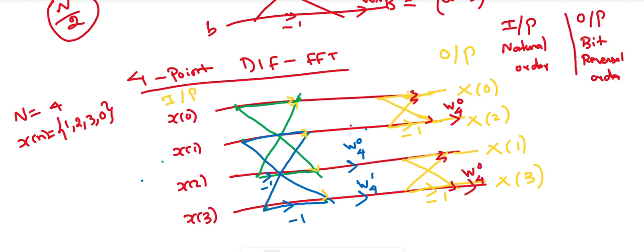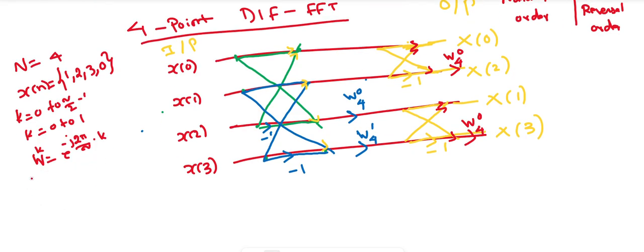So what is W_4^0 for this? N is equal to 4 means k is equal to 0 to N by 2 minus 1, so k equal to 0 to 1, since 4 by 2 is 2, minus 1 is 1. So what is the twiddle factor? e power minus j 2 pi by N into k.